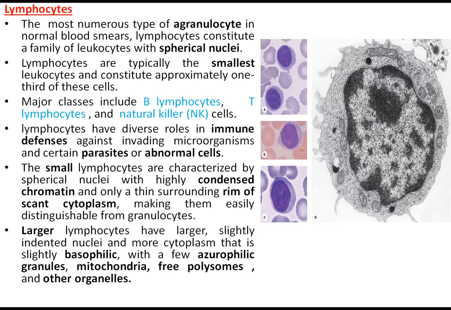The larger lymphocytes have a larger, slightly indented nucleus and more cytoplasm that is slightly basophilic, with a few eosinophilic granules, mitochondria, polyribosomes, and other organelles.